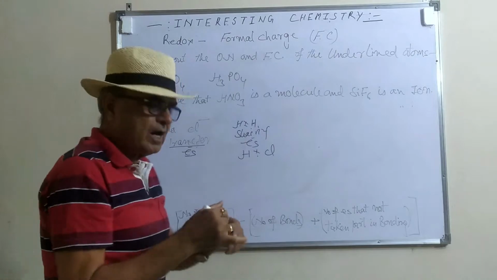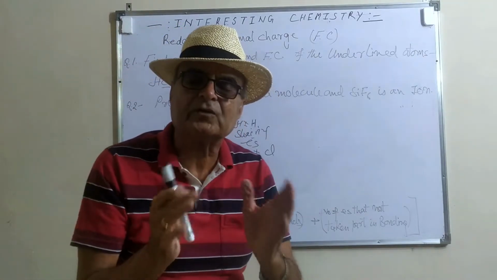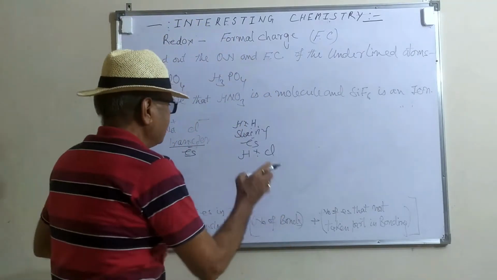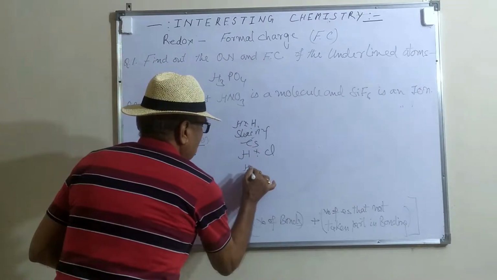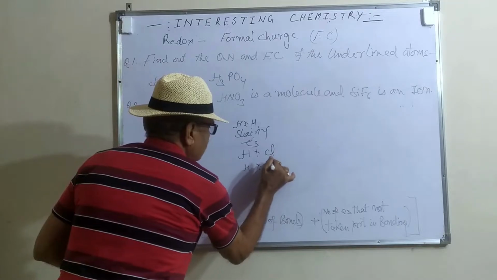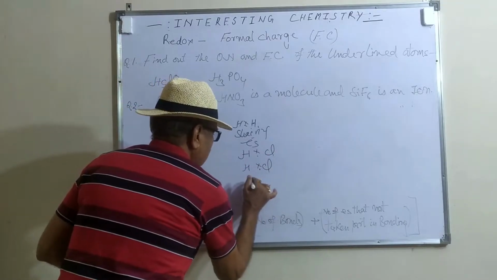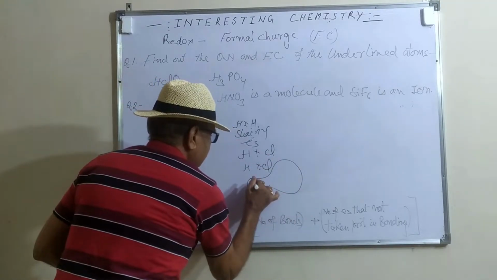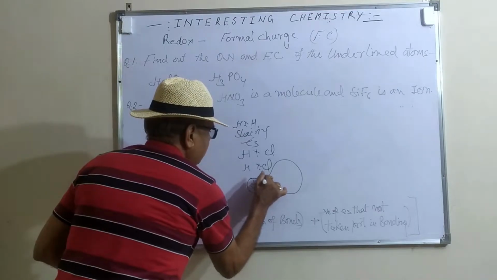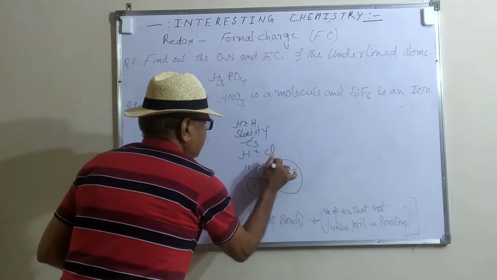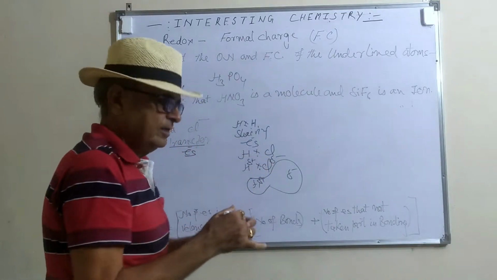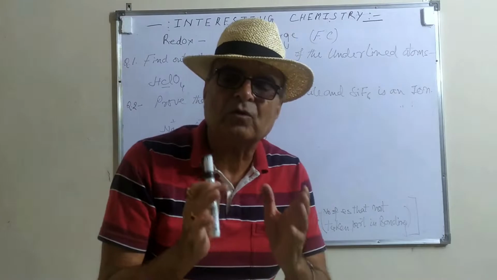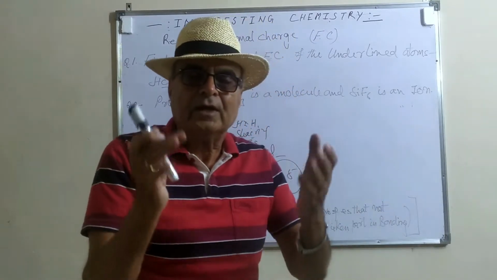But when the atoms are of different electronegativity, then this electron pair will shift towards one atom. In this way, this is hydrogen delta positive and chlorine delta negative. A partial charge occurs on the atoms.